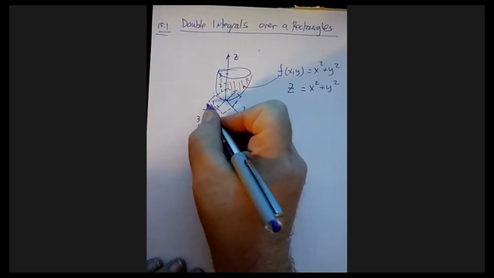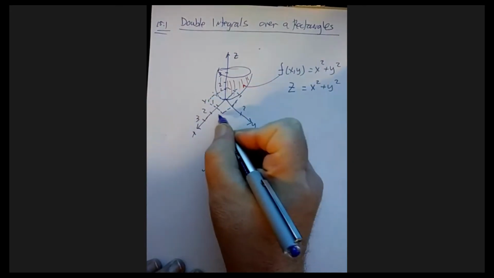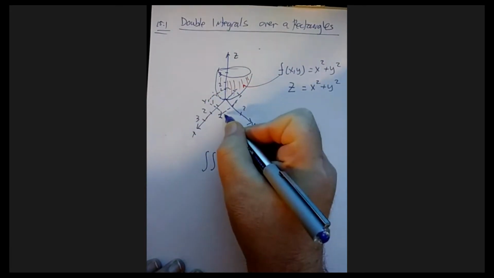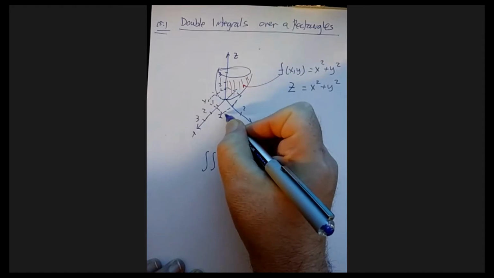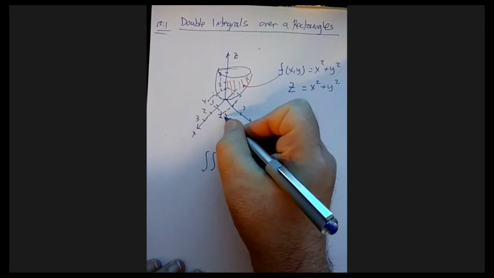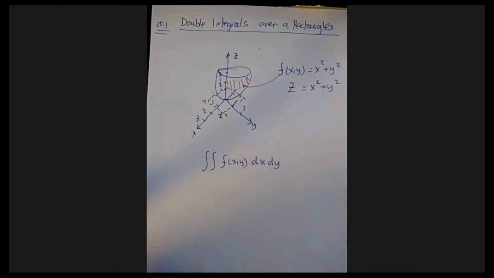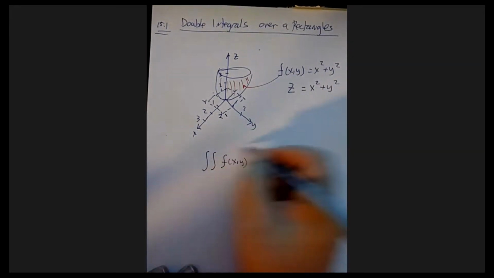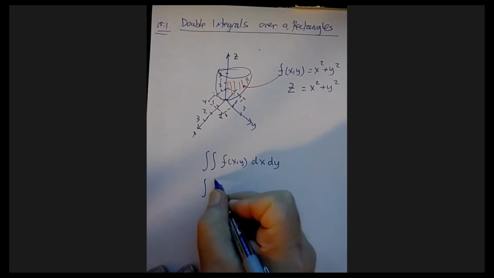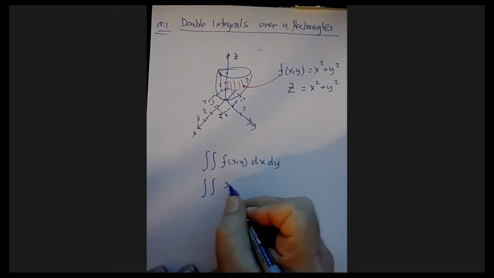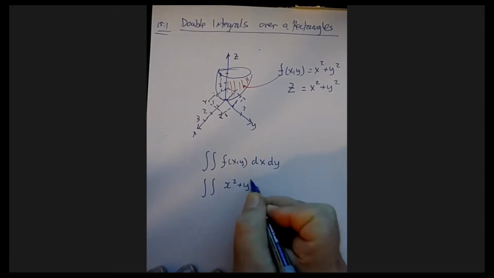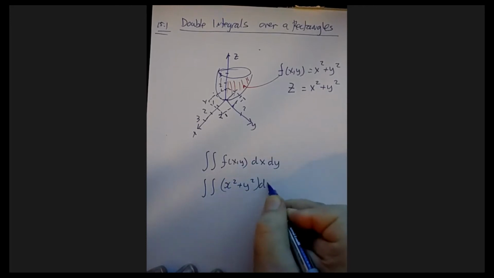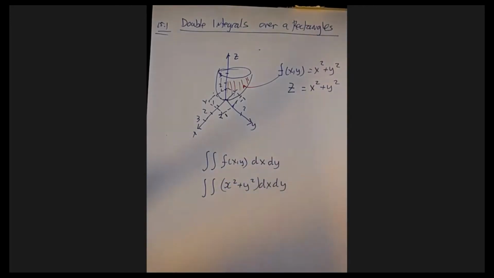And let's say that this rectangle went from -1 to 1 in the y's, and -1 to 1 on the x's. Then we would describe this double integral in a little bit more detail like that.